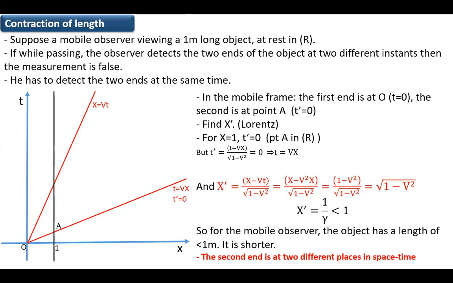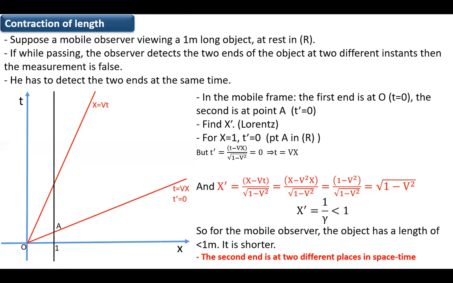It is equal, finally, to radical of 1 minus v squared. Radical 1 minus v squared is 1 over gamma, which is less than 1. So if x is equal to 1 meter, you see that x prime is less than 1 meter. So for the mobile observer, the object has a length of less than 1 meter.